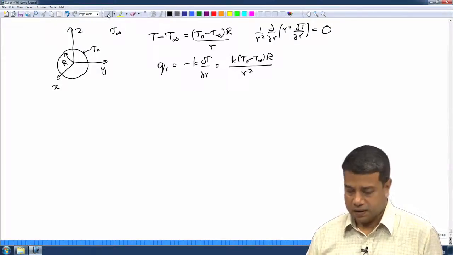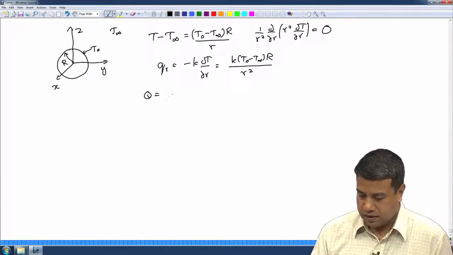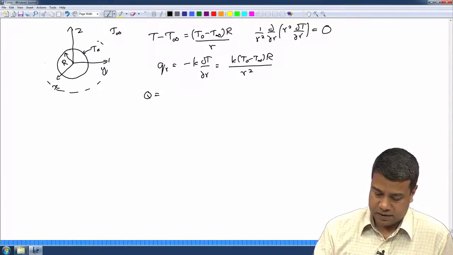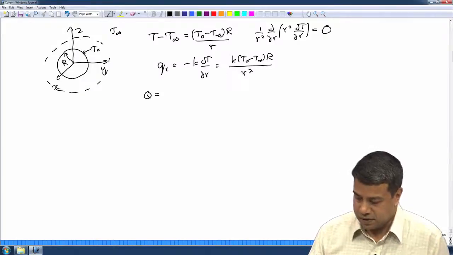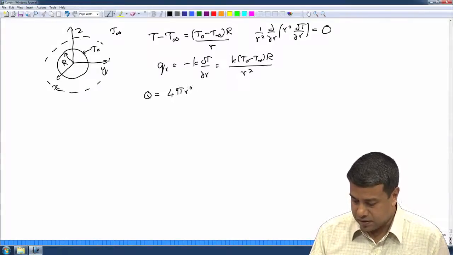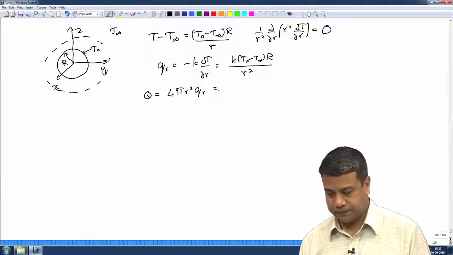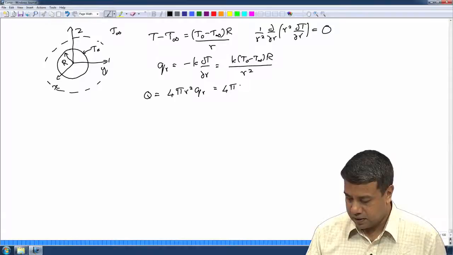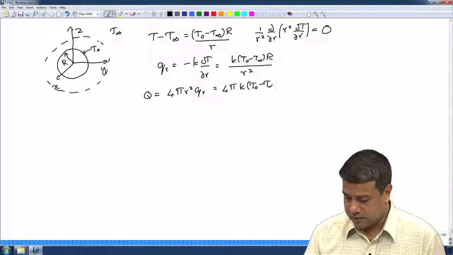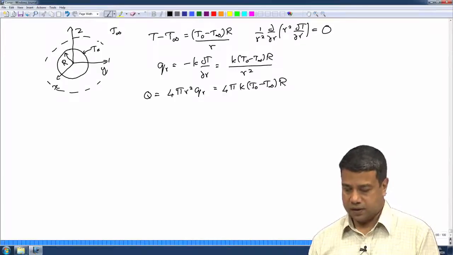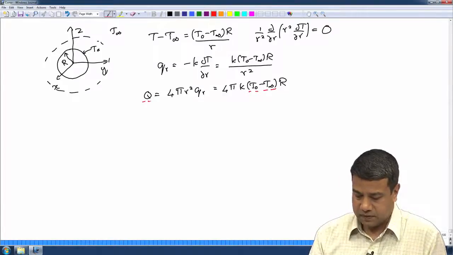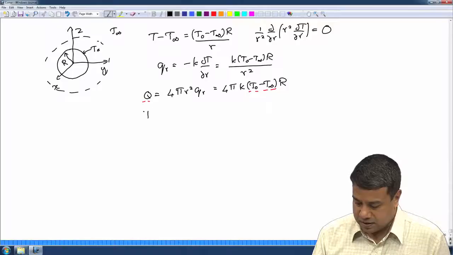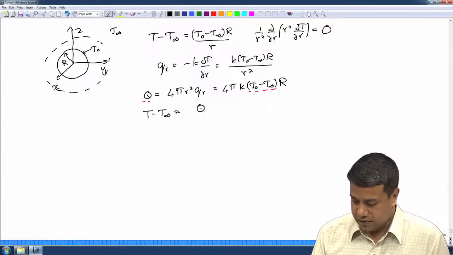The total heat generated, that is coming out per unit time at any surface, at any radius r, is going to be equal to 4 pi r square times q_r, which is equal to 4 pi k into (T_0 minus T_infinity) into R. So, if I use this to express T_0 minus T_infinity in terms of Q, what I get is that this temperature disturbance is equal to Q by 4 pi k into r.